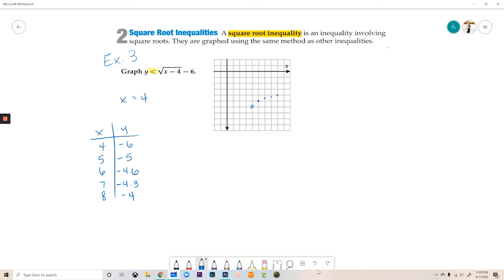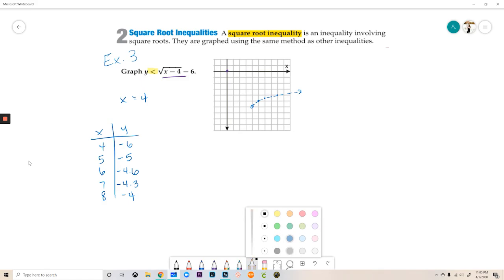Since it doesn't include any of these points, if you recall what to do, we're going to draw a dotted line. So dot, dot, dot. And it's going to go up and out like that. From here, I know that all of my y values are going to be less than this piece. Some of us might just jump to, okay, I'm going to shade below.